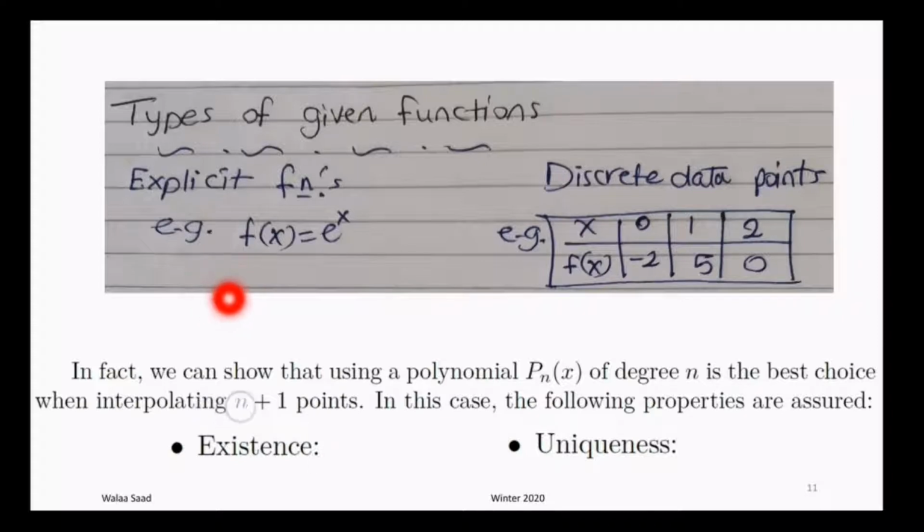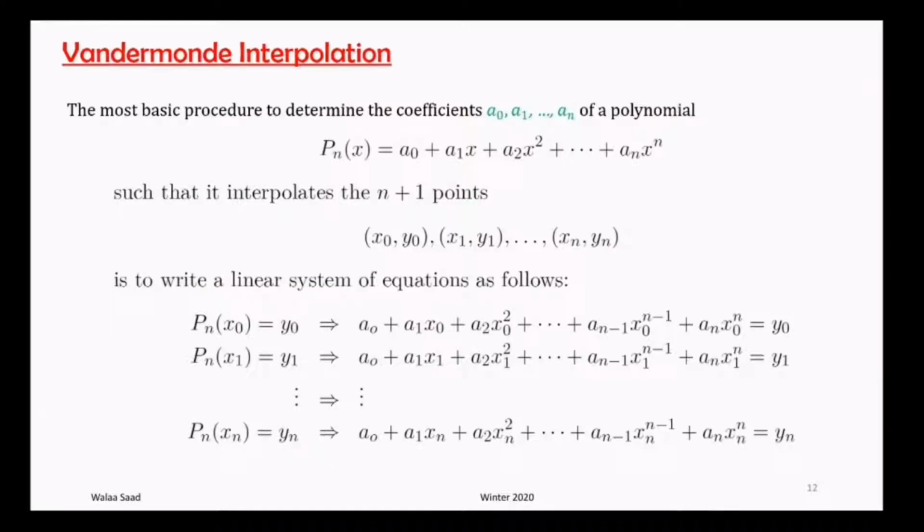So we can deduce as well a set of data and go into the interpolation techniques. So the Vandermonde interpolation, the idea basically is that given a set of data points, we need to establish and derive this polynomial from the given data points.